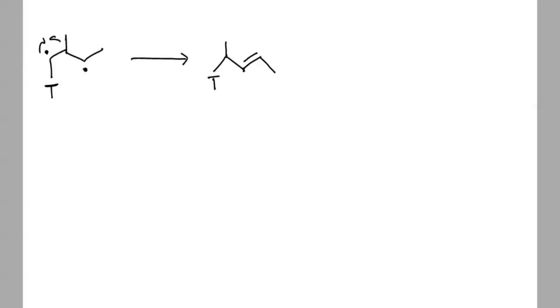Besides aryl, vinylic and acetoxy groups also migrate. Vinylic groups migrate by way of a cyclopropanyl carbonyl radical intermediate. For example, we have a vinyl functional group in this molecule, and here is our free radical.